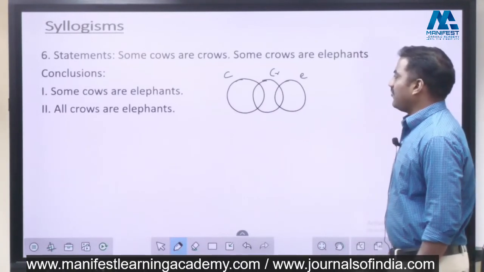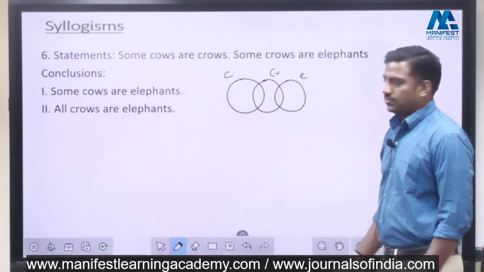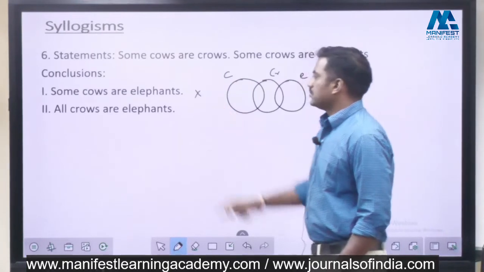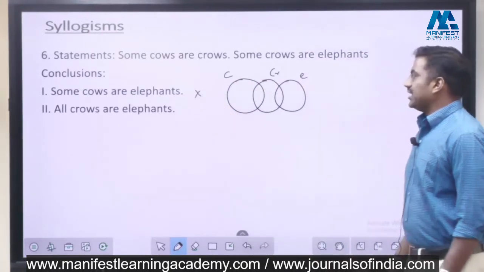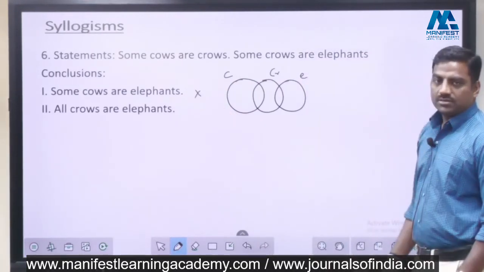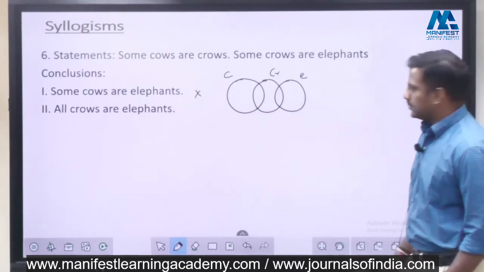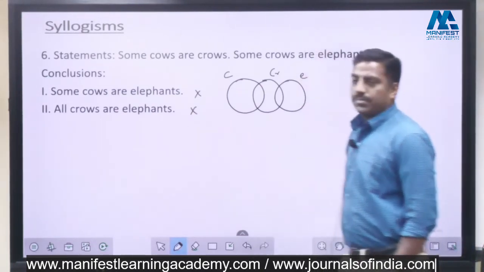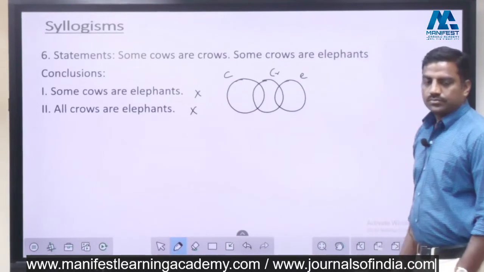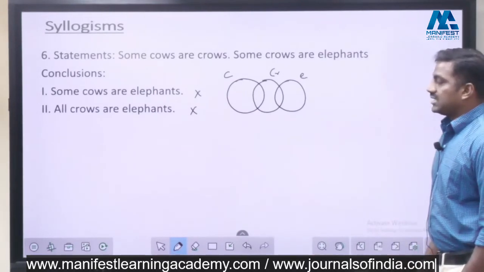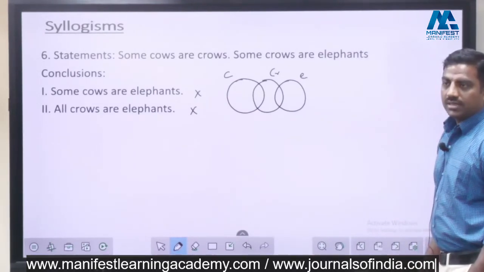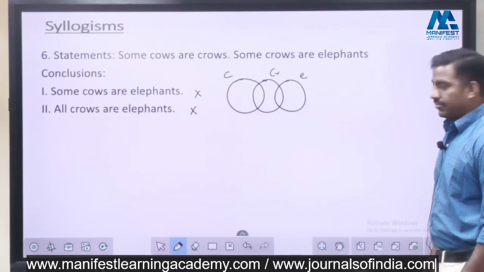Some cows are elephants. No. Some crows are elephants. Sorry, all crows are elephants? Only some. Is that fine? Any confusion? Yeah.